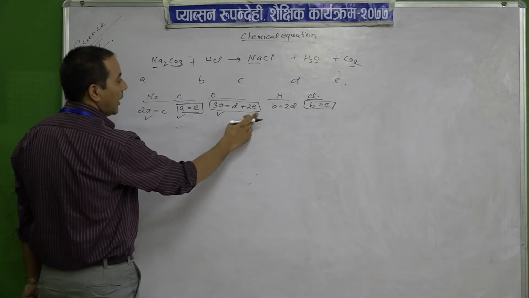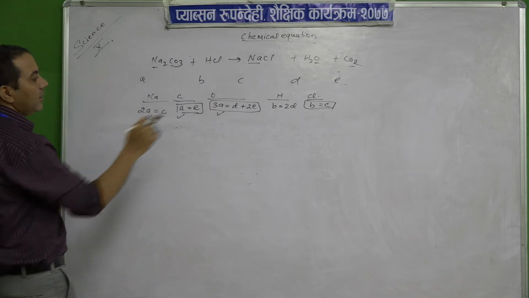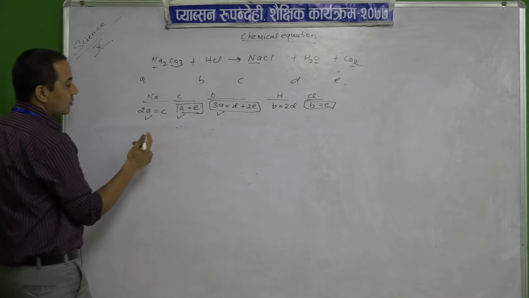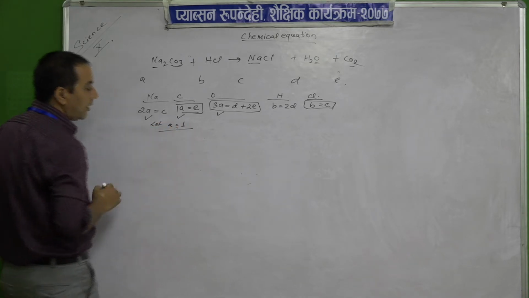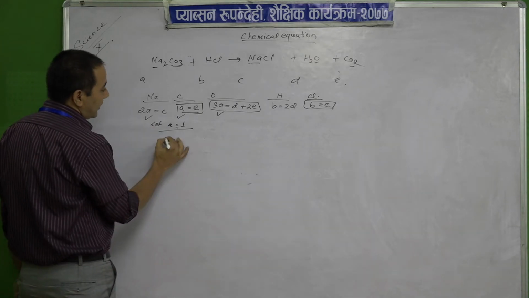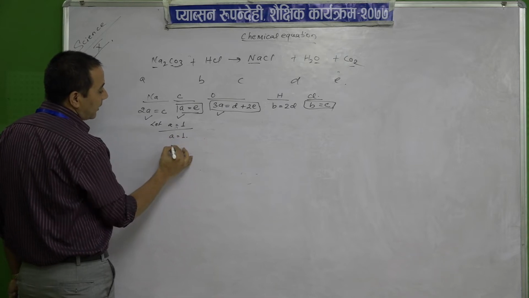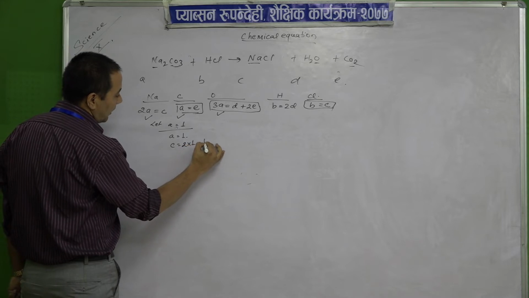E is here and here. B is also repeated twice. So the most repeated is A. So let A equal 1. We have to take a single A. What will be the value of A now? If A equals 1, then C equals 2 into 1 equals 2.